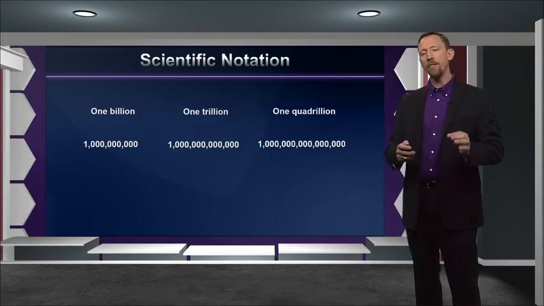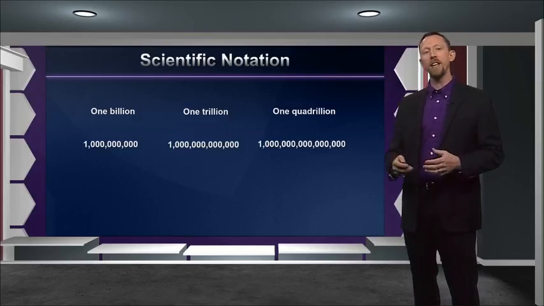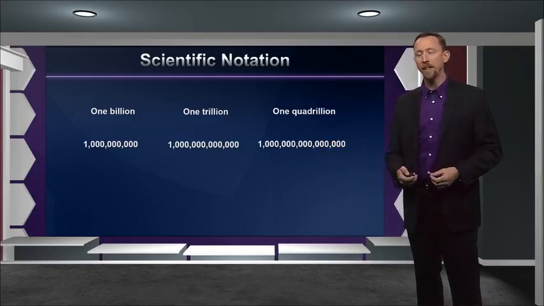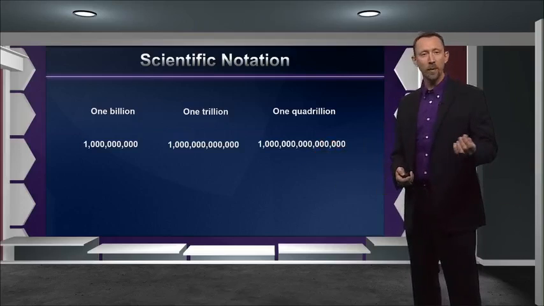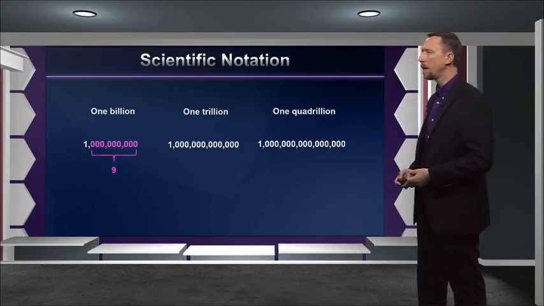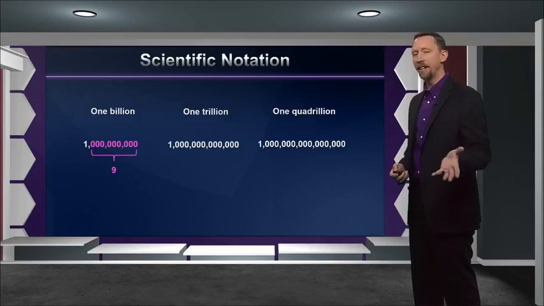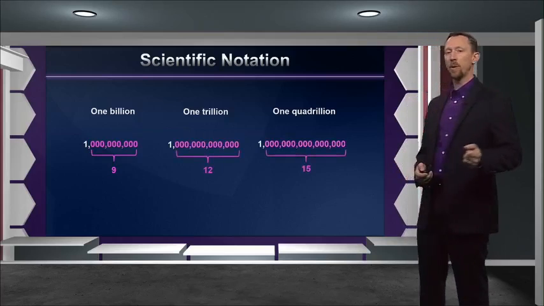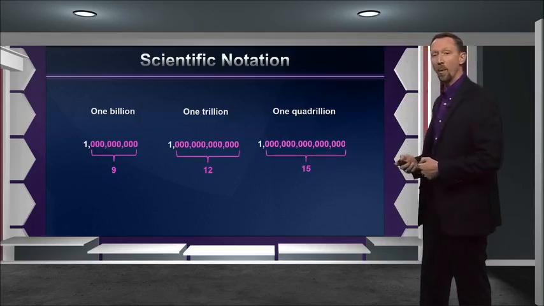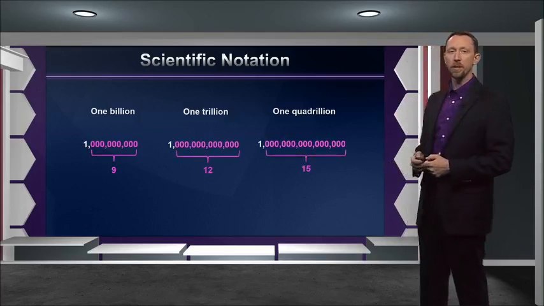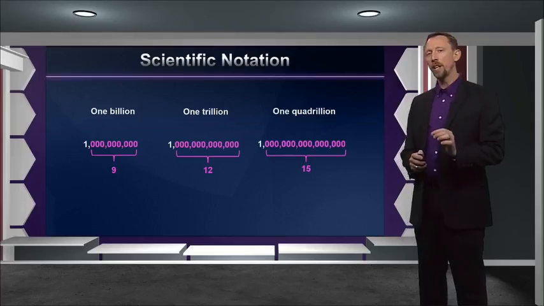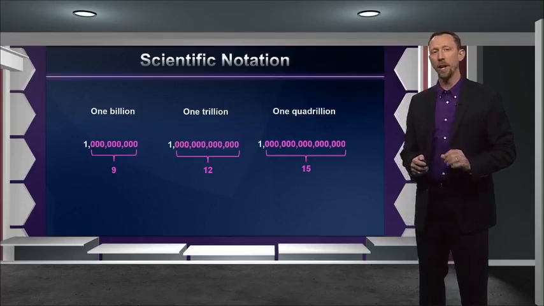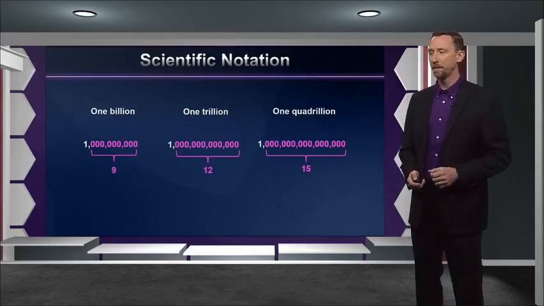And so, if we can find a way to convey the length of that string of zeros at the end in a more efficient fashion, then we'd like to do that. Now, a billion is followed by 9 zeros. A trillion would be 1 followed by 12, and of course a quadrillion would be a 1 followed by 15 zeros.